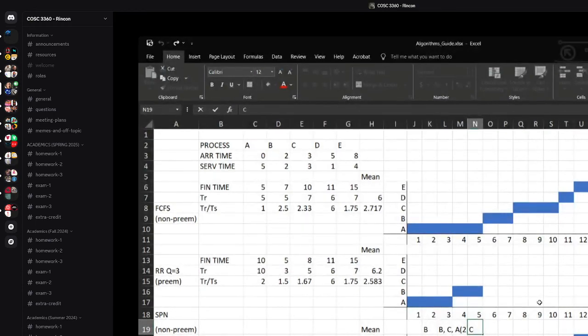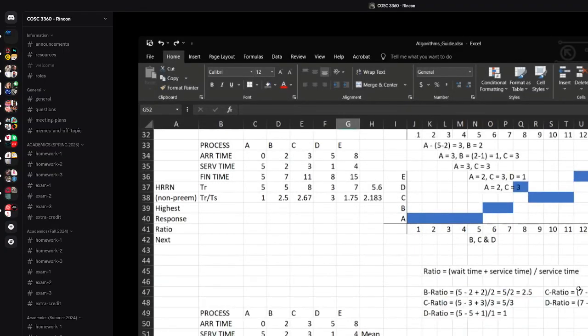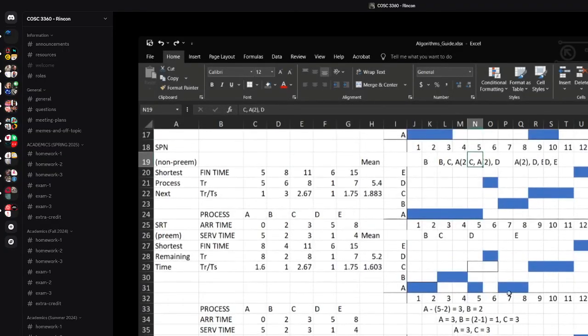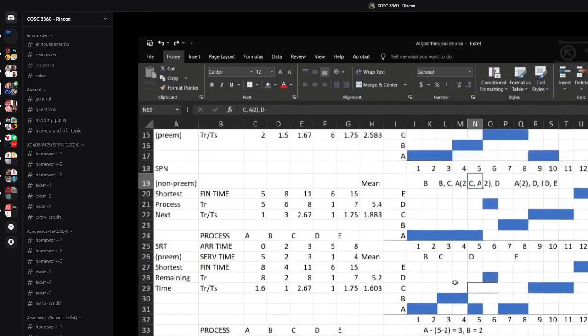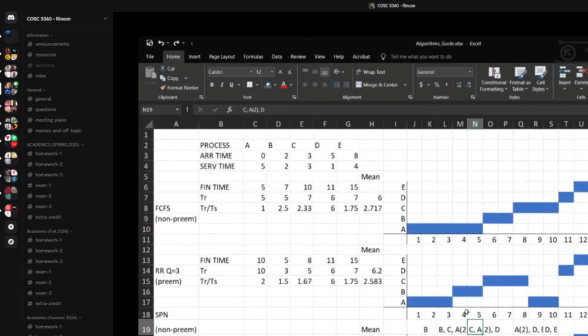A. Okay, because C arrives at 3, which is great. And then at 5, D is going to arrive. Okay, no, I was right. Whoops. I was so right. The answer is, so the reason, this is so confusing to explain.